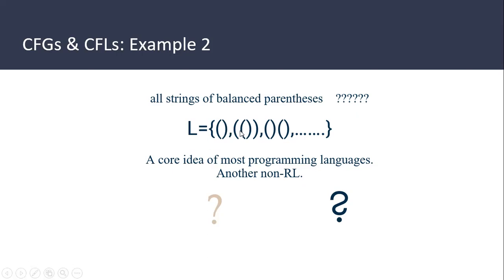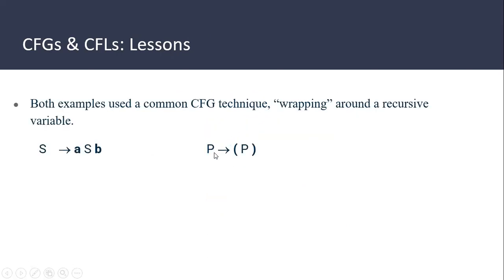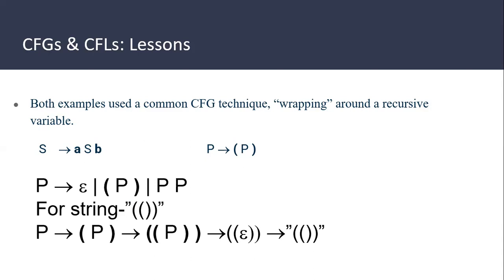So how does it work? If I introduce a variable, put left and right parentheses, and in between put this variable as it is, it gives me one pair of parentheses. Now we also need balanced parentheses. Suppose I put one P, what I get here is an odd number of parentheses.